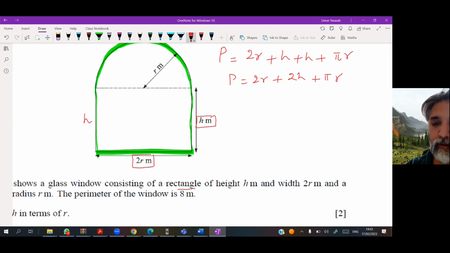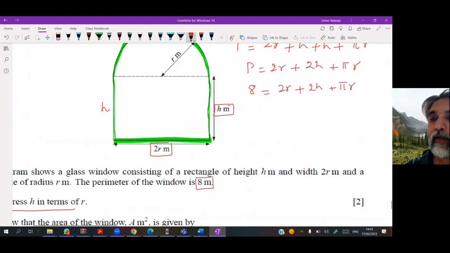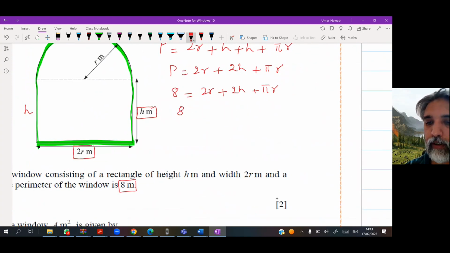He said perimeter is 8 meters, 2r plus 2h plus pi r. He said express h in terms of r. We need to make h the subject. So 8 minus 2r minus pi r is equal to 2h, divided by 2.